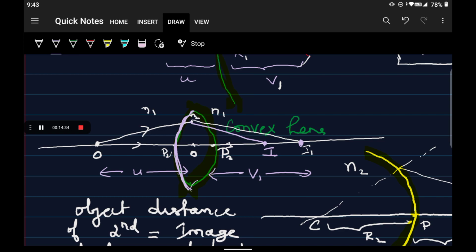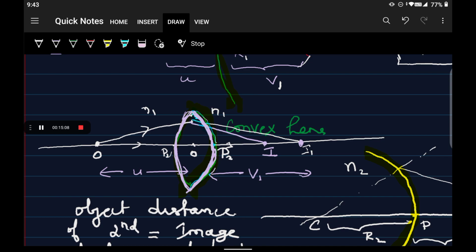Since you have two refracting surfaces, this is your other refracting surface, and due to this second refracting surface the image is formed at I. In that case, V1, the image distance of the first refracting surface, will act like an object distance for the second refracting surface. So by this diagram you will understand.